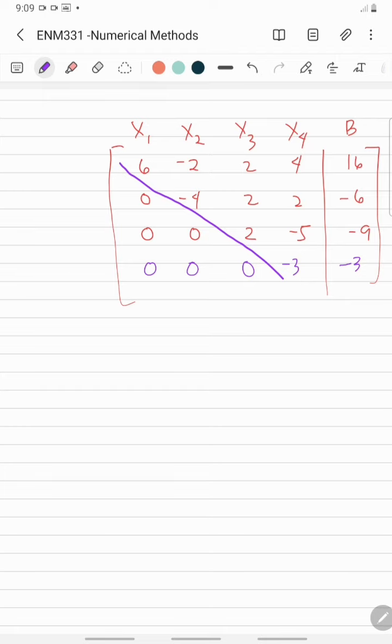So we can now solve the system using the backward substitution method, starting from the last variable, so we can compute the value of x4. So we have -3 x4 is equal to -3. So x4 is equal to -3 divided by -3, so that is equal to 1.